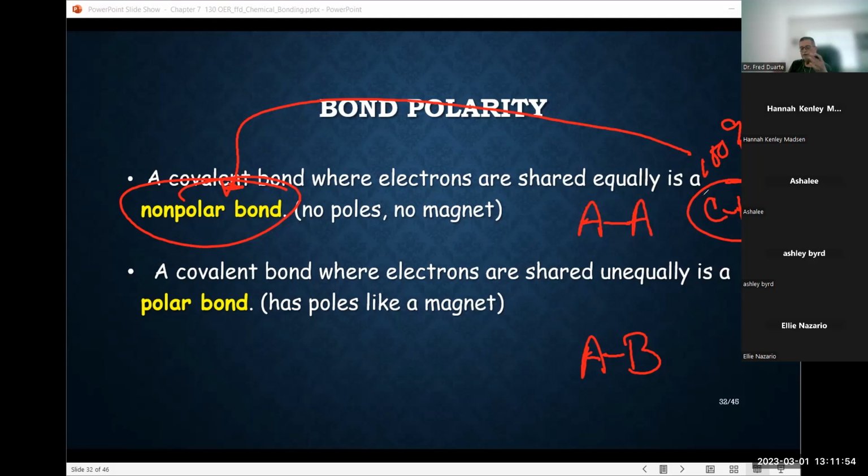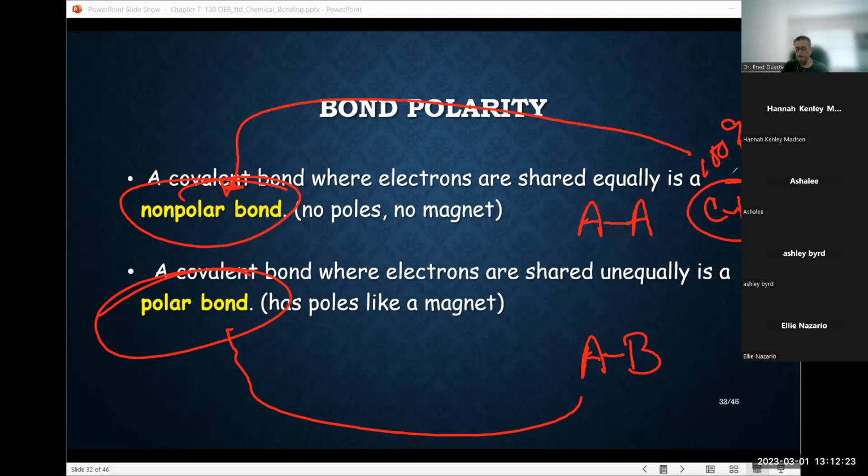So for all intents and purposes, there's no difference, and the carbon-hydrogen bond can be treated as an AA scenario. The moment you replace one of those A's with anything else, now you have a polar bond. Automatically, you don't even have to think about it: two different atoms, automatically a polar bond.